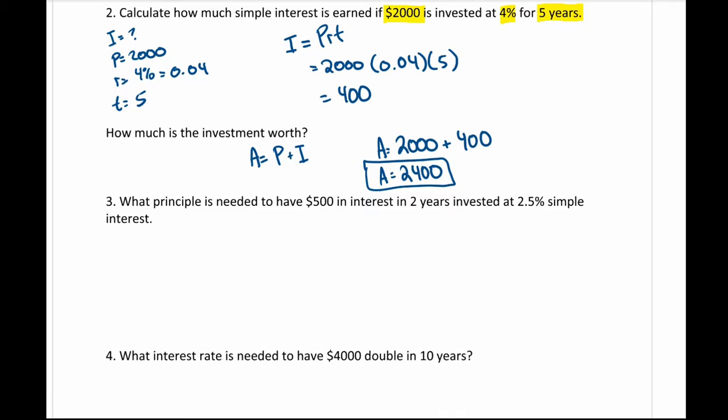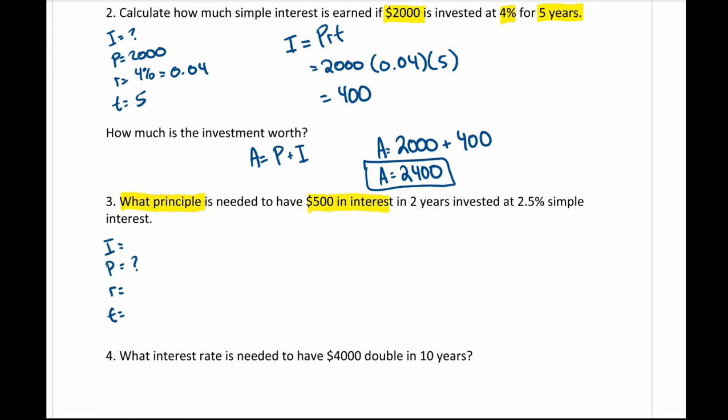3. What principal is needed to have $500 in interest in 2 years invested at 2.5% simple interest? Because it says simple interest, that should tell us what equation we are using. Because it's asking for what principal, that means we don't know our P value. Our I value, how much interest do we have?